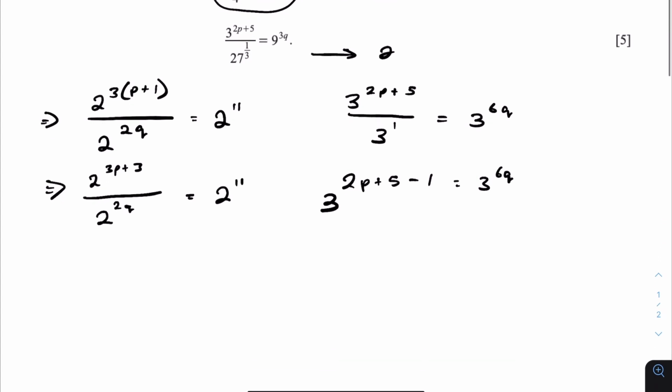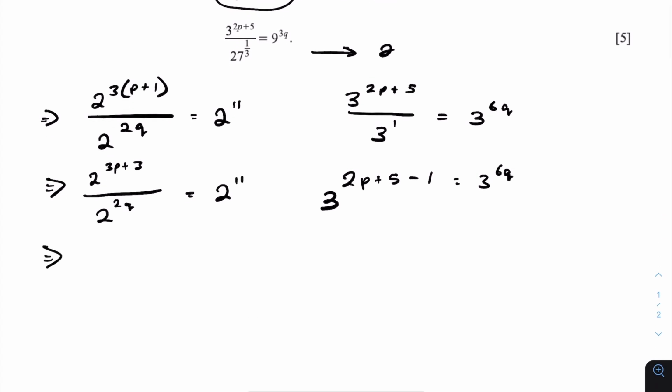Then, let's scroll down a bit. Equation 1 can be simplified to 2 to the power of 3p plus 3 minus 2q is equal to 2 to the power of 11. Oh no, we can actually just make it a linear set of equations.